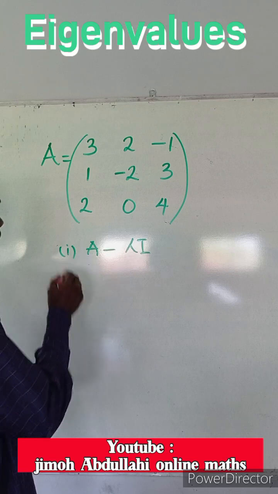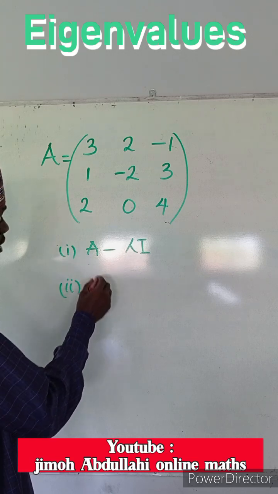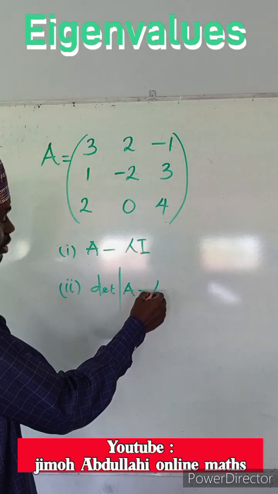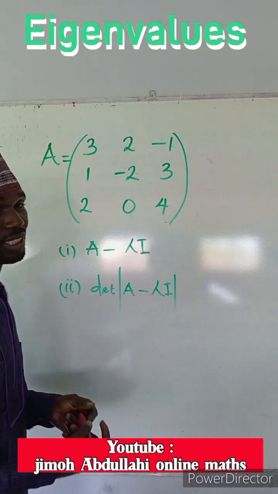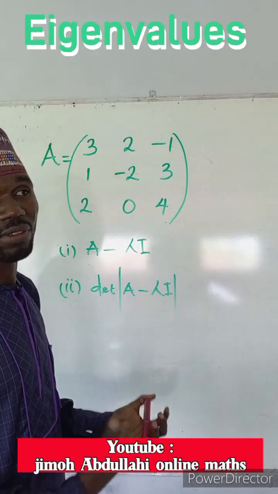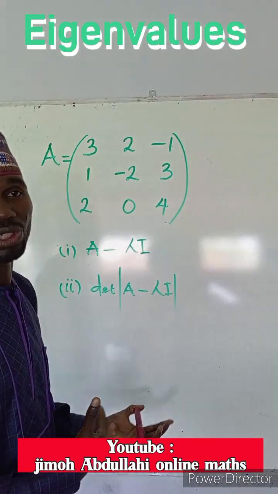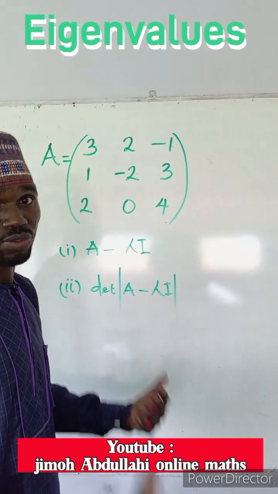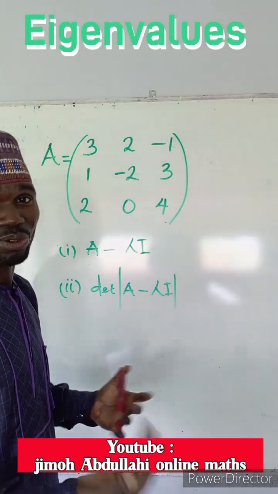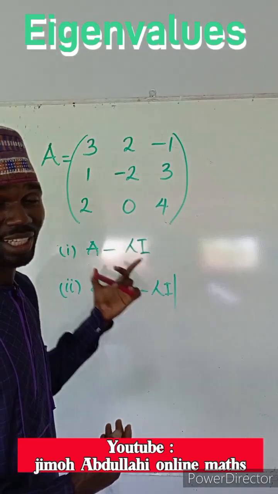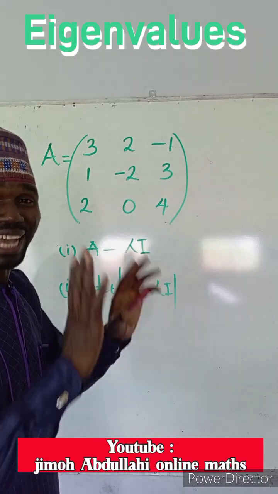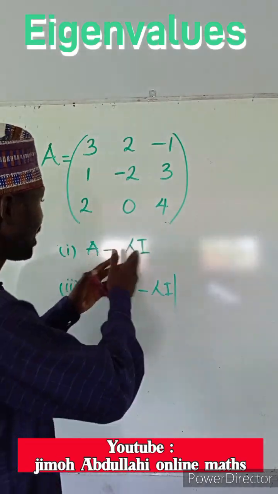And after getting that, the second thing you do is to find the determinant of this answer you are putting here. So after getting the answer, it will result into a cubic equation. You understand? After resulting into a cubic equation, then what you do now is that you're going to find the factor. After finding the factor, then you solve it and get the values of the eigen, that is the eigenvalues. And that's why you're going to have three answers. You understand? So the three answers you'll be getting for your lambda are the eigenvalues.